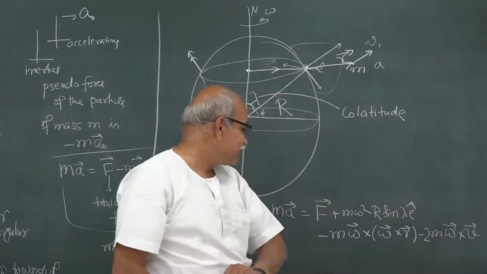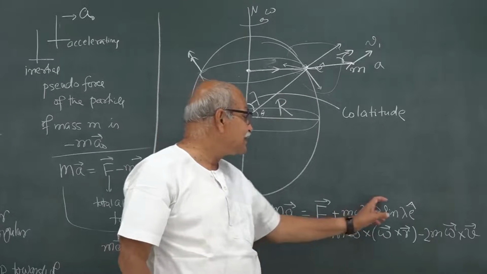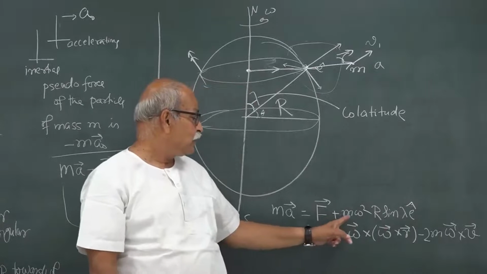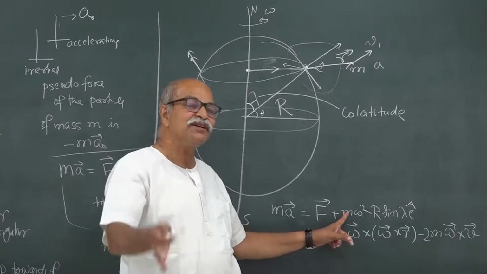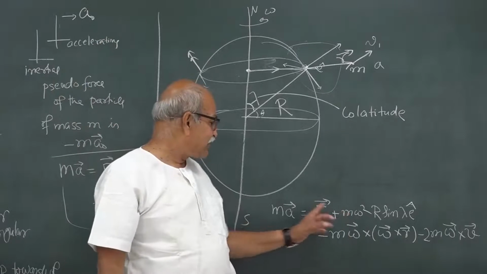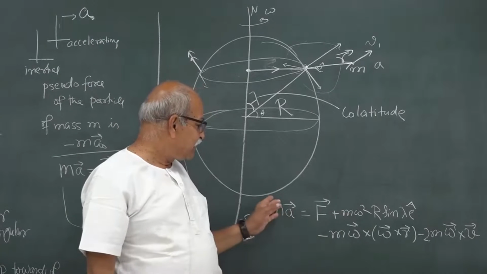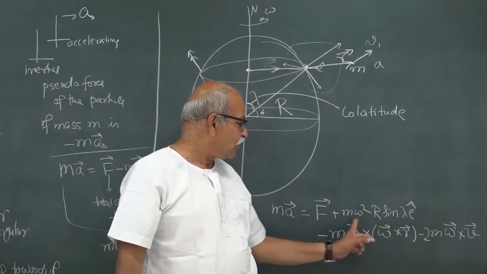This is our Coriolis force, this is our centrifugal force, and this is a constant as far as the particle is concerned, only the mass of the particle is here. Otherwise, the position of the particle, the velocity of the particle does not matter. And if I am writing acceleration, if I am dividing by the mass, this mass also goes, and then this quantity is just constant.